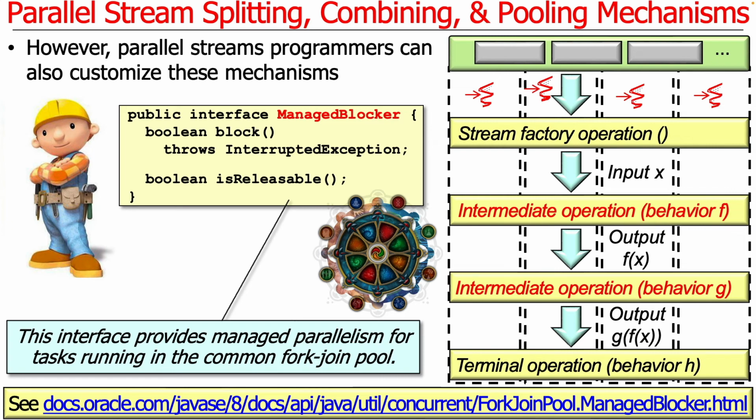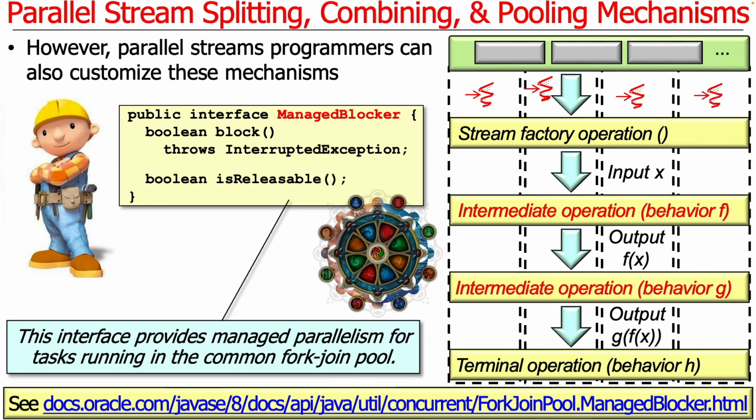And so Java provides this ManagedBlocker mechanism that can be used if you want to take control over the number of threads that are available in the common fork join pool. The way it works, without going into too much detail, we'll cover this later, is that it allows threads to be created to compensate for blocking threads. So at any given point in time, you may have more threads than there are cores because some of those threads are blocked on I/O operations.